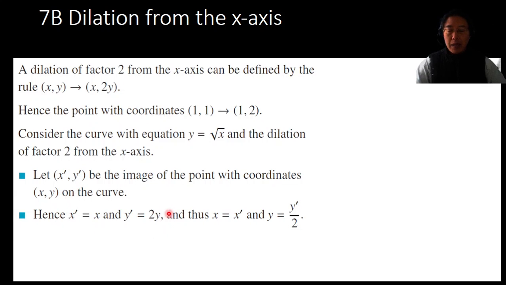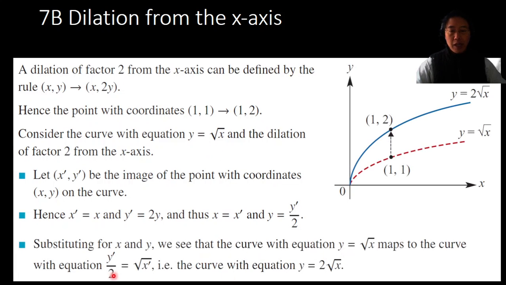You apply the rule by rewriting the relationship, and as you do that, you rearrange to make x and y the subject, and then you substitute those values into your original rule. You make y prime the subject, you end up with this equation, and you just remove the primes so you can match it on the original Cartesian plane.